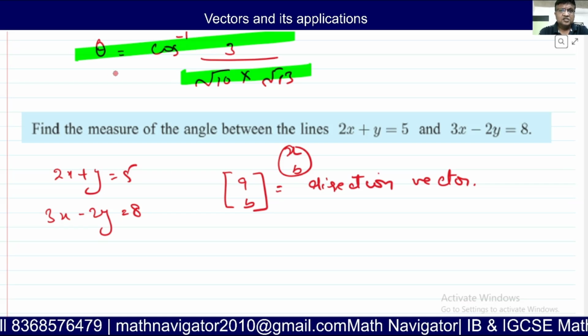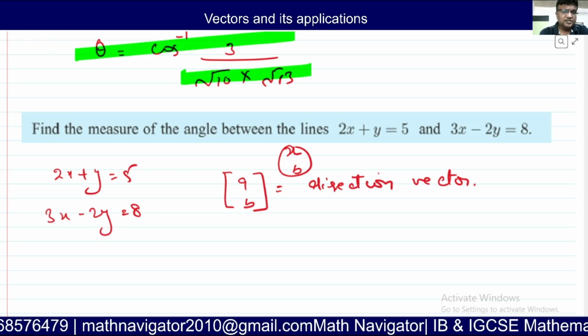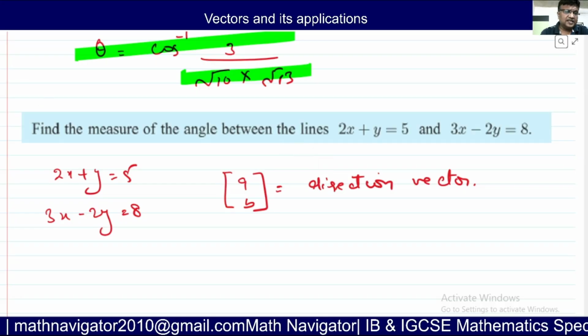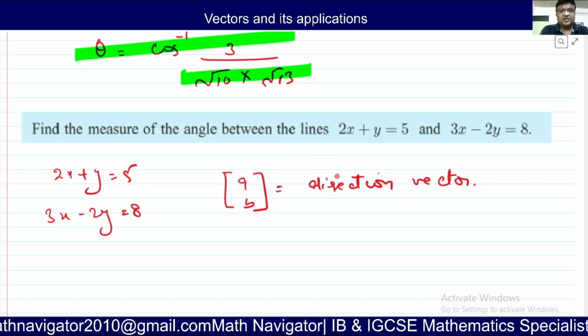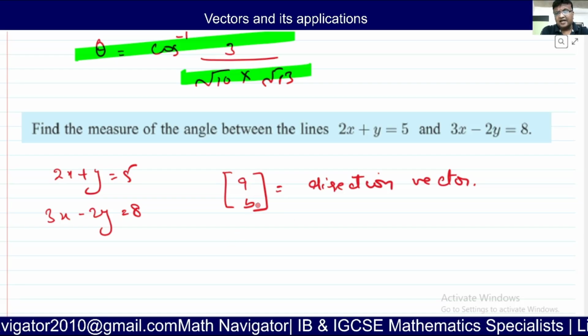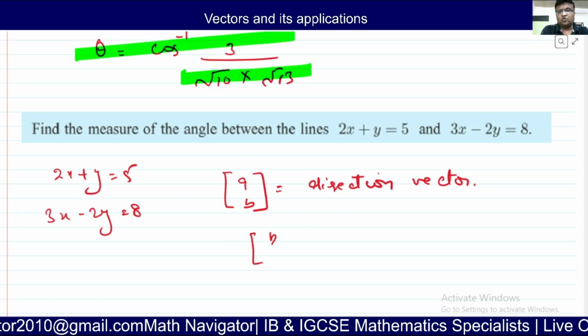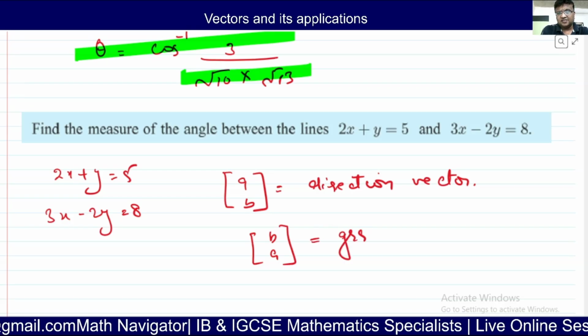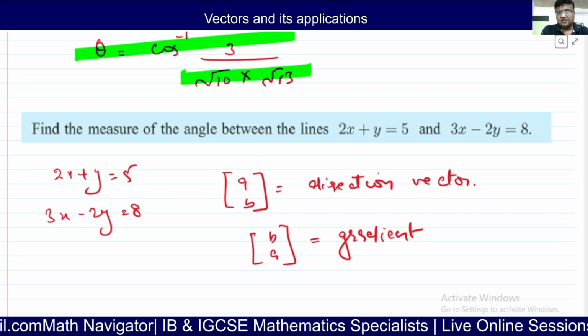Got it? So obviously every line has a certain gradient. The gradient will be, if (a, b) is my direction vector, then b over a is equal to the gradient. Is this clear?